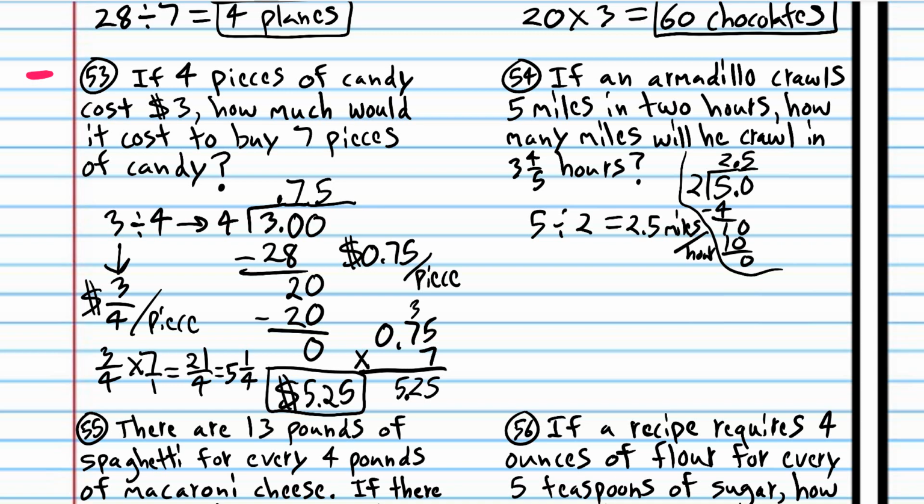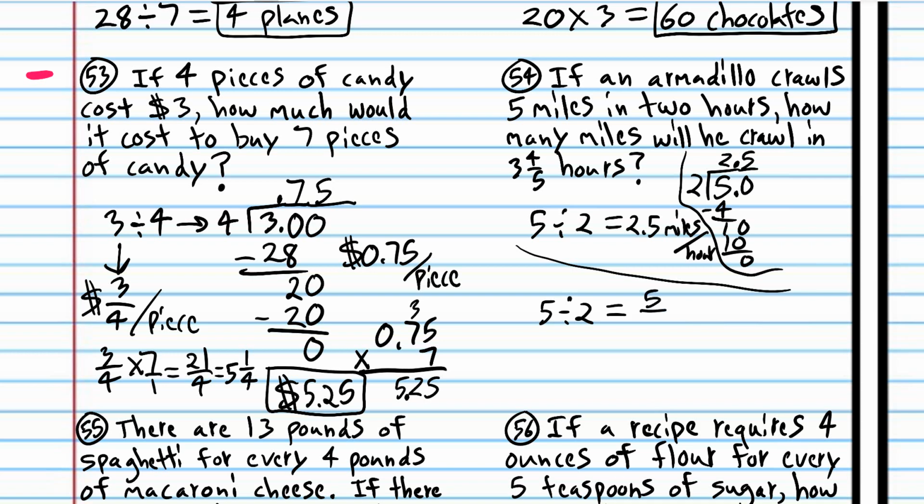So now, how many miles will he crawl in 3 4/5 hours? So we can take the 2.5 and multiply it by 3 4/5, but we haven't learned how to do that yet. So in this problem, let's try using fractions instead of decimals. So let's write 5 divided by 2 as a fraction.